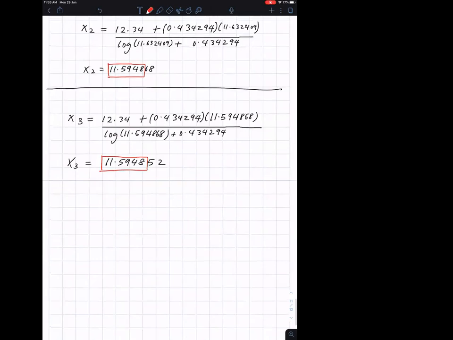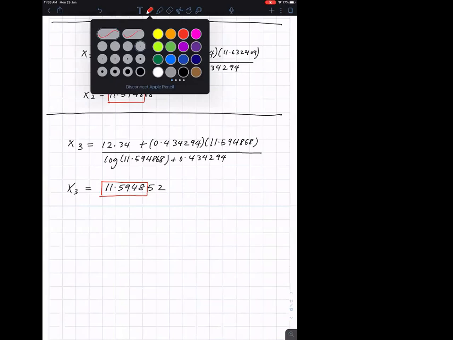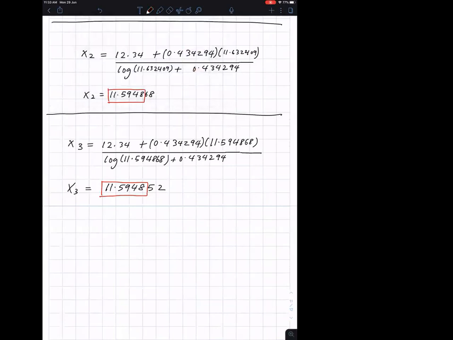But I'm going to stop here for this particular reason. Let's check the difference between x3 and x2, the absolute value of x3 minus x2, and find out what it is.